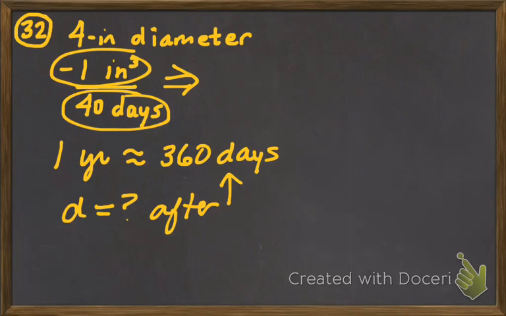Well, the first thing we have to do is to find some way to relate the diameter at the beginning of the problem to the diameter 360 days later.